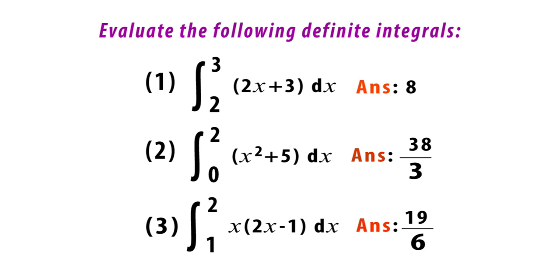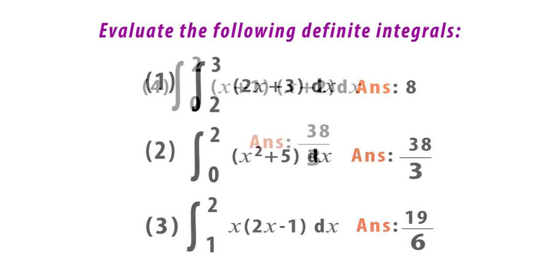3. The integral from 1 to 2 of x multiplied by 2x minus 1 dx. Your answer will be 19 divided by 6. 4.